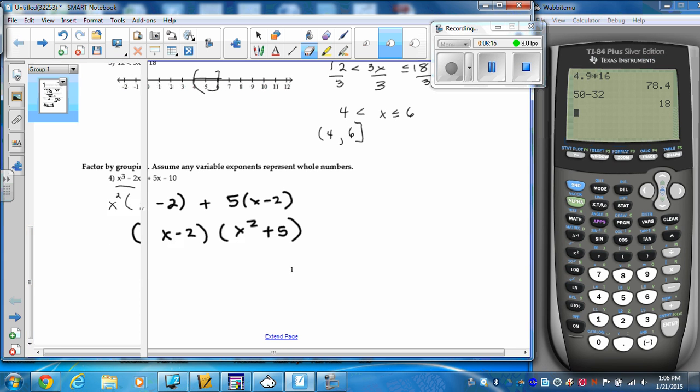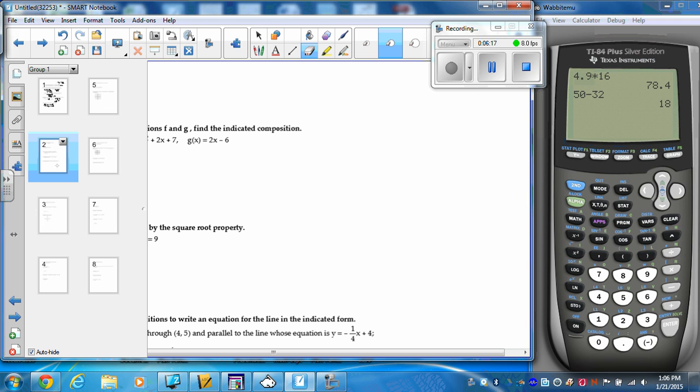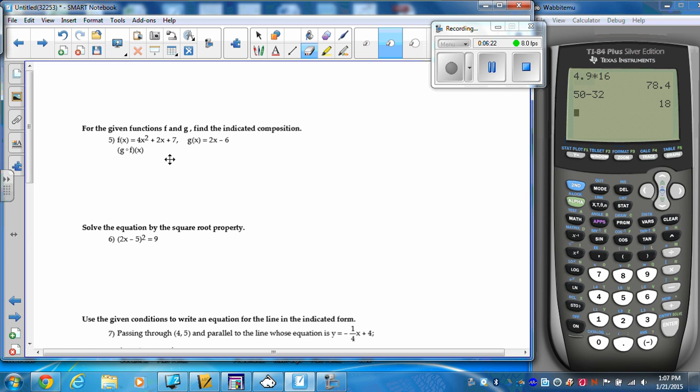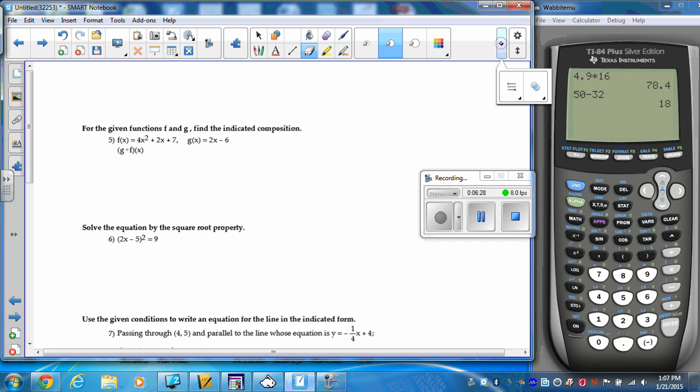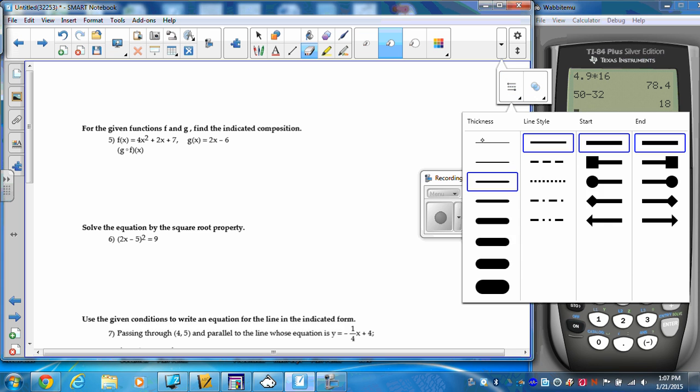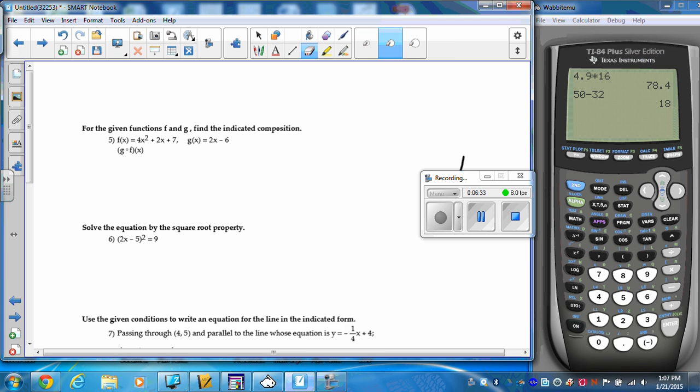So let's go on to page 2. On page 2, number 5, given the formula that we have here, f and g.